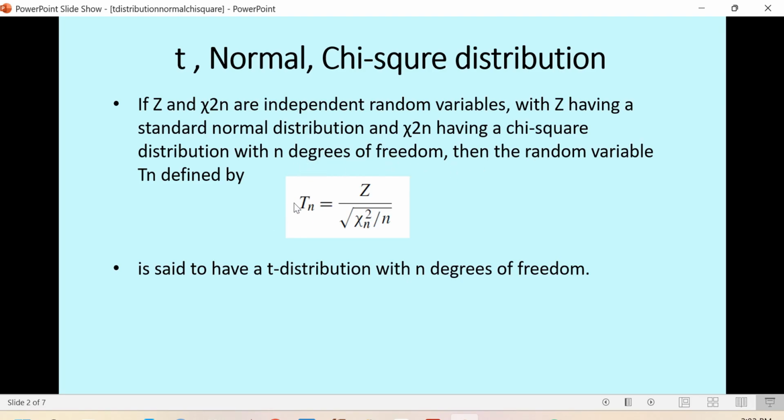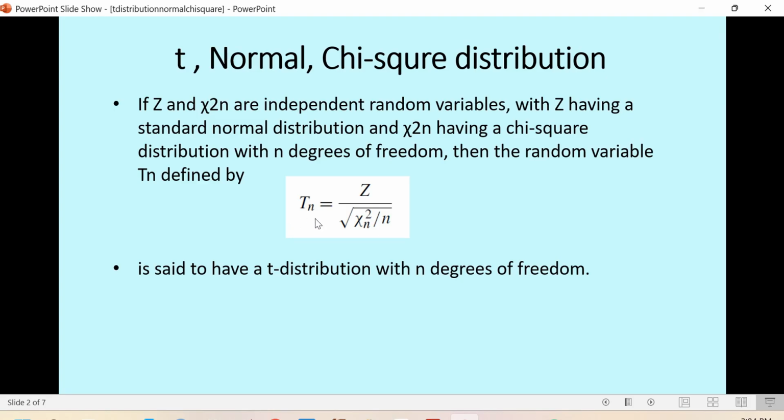Then we get a new random variable, which is the division of psi by the square root of chi-square n divided by n. So here the division is a standard normal random variable divided by the square root of a chi-square distributed random variable divided by its degrees of freedom.